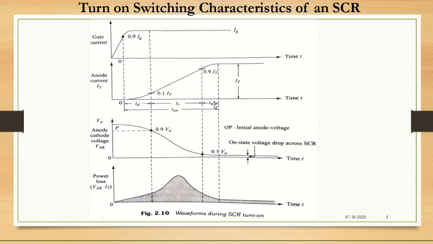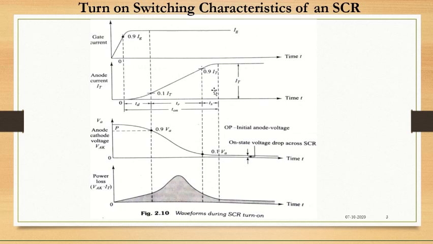Then the last time is our spread time. Spread time is nothing but, as you can observe, where the voltage across the device drops from 10% of its final value to the minimum voltage drop that will be there during the on state. In other words, 0.1 V_A to this final voltage across the on state of the device or the SCR.